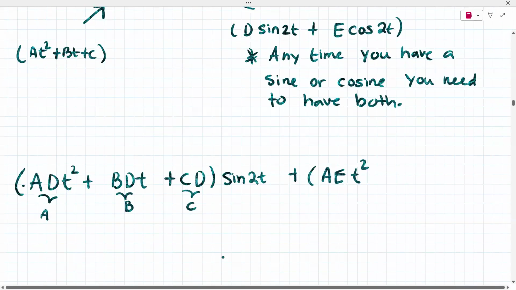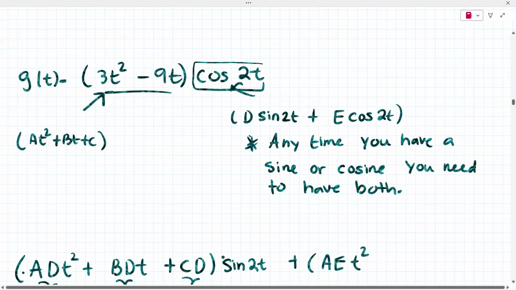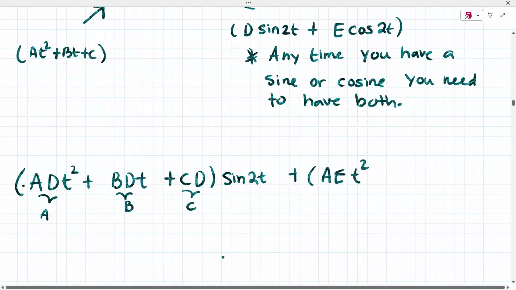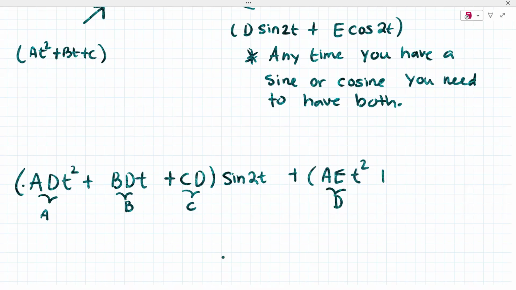So this is like your D, your new coefficient, and then plus B E t. This is like your E, plus C E. This is like your F, times it by cosine of 2t.